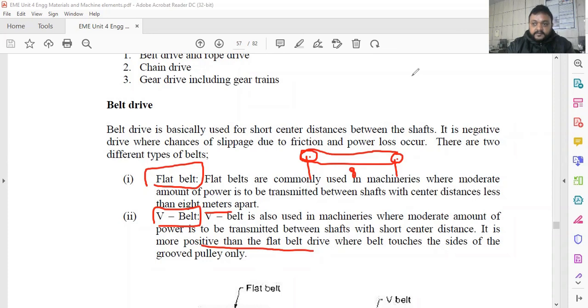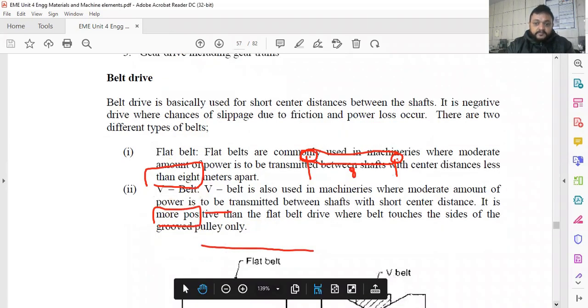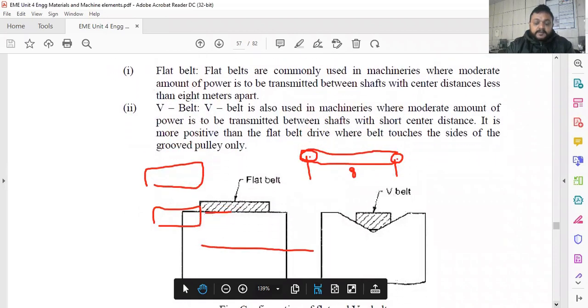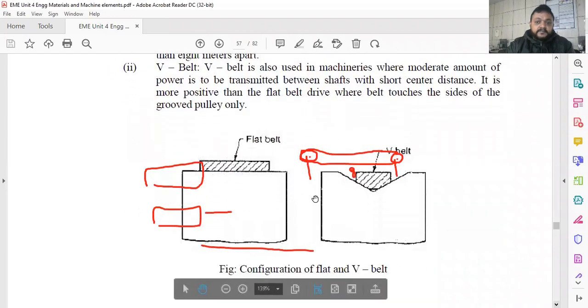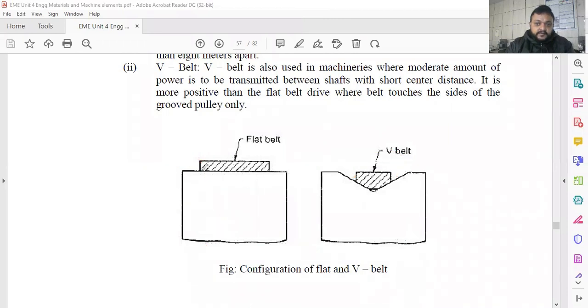That is why we use the V belt. Now you have to keep in mind a little bit. This is the pulley surface, and you can see bottom contact is there. The bottom of the belt is in contact with the pulley surface. But in case of V belt, there is a side contact.